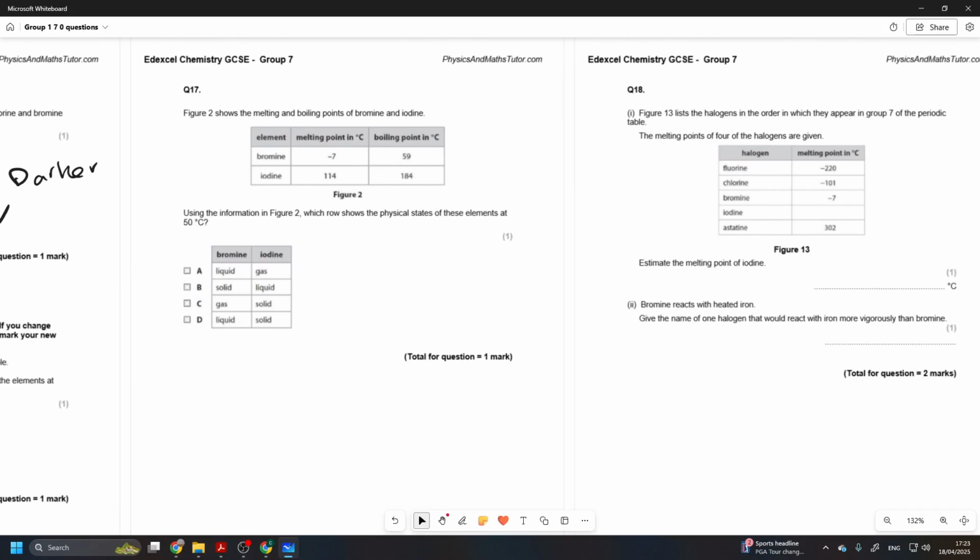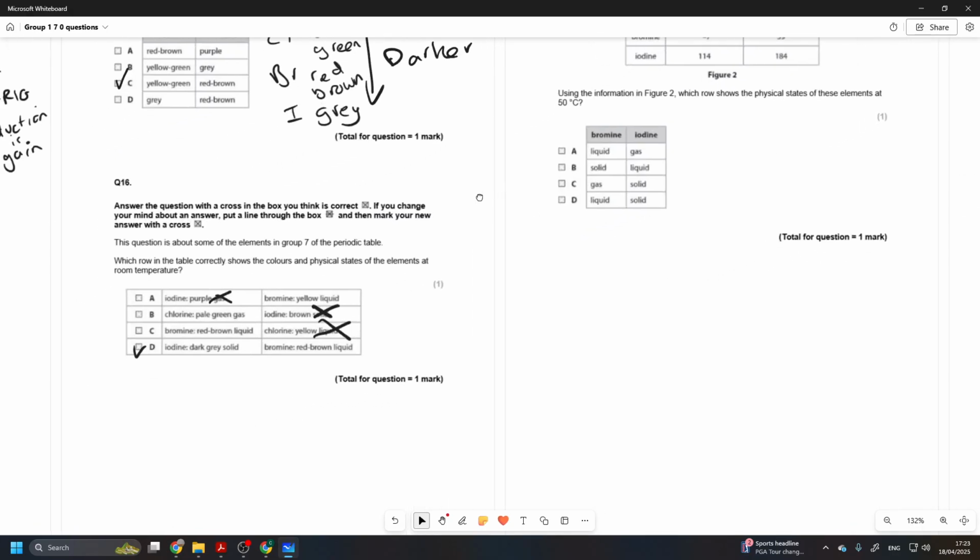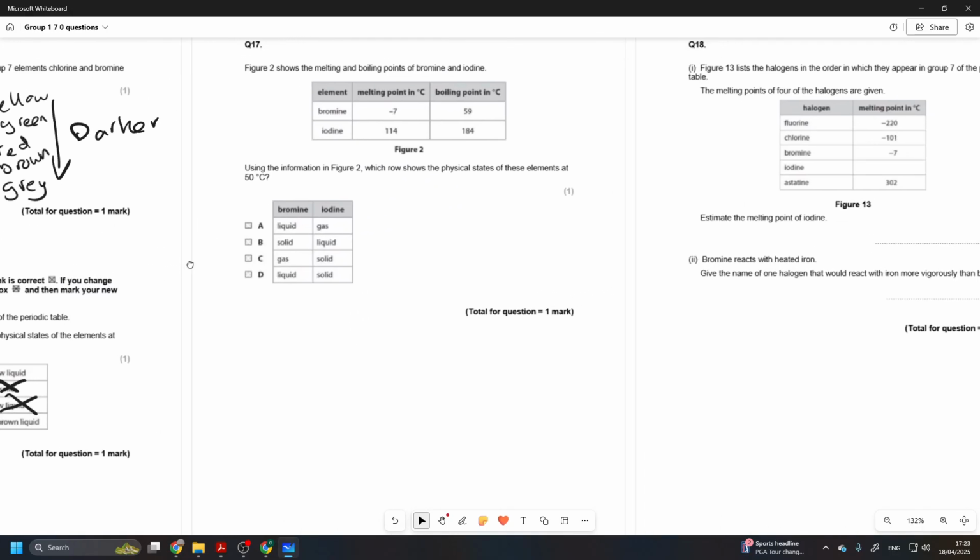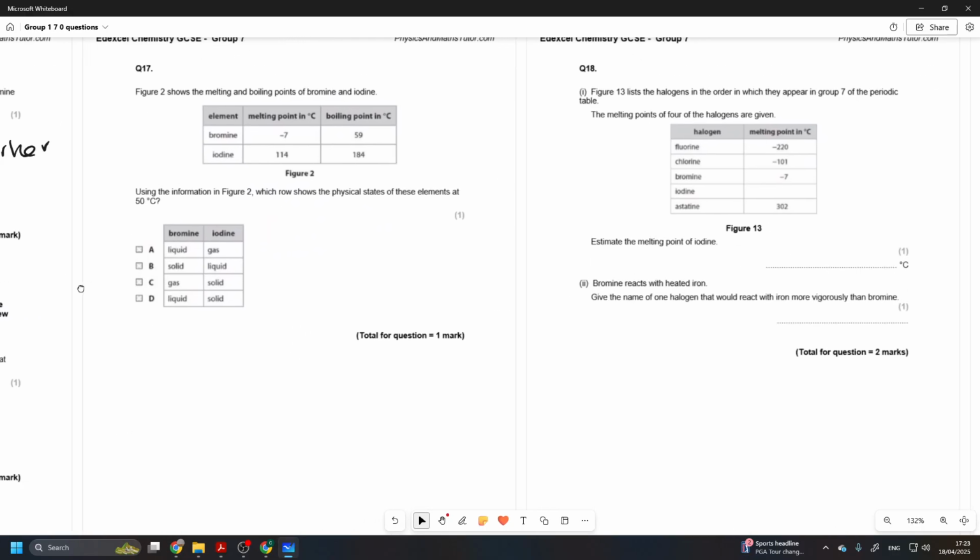Now look, more physical state stuff. Hang on a minute, I've missed one out there. No, I have not. It says question 17. Using the melting and boiling points of bromine and iodine, which row shows the physical states of these elements at 50 degrees C? So, at 50, will this have melted?